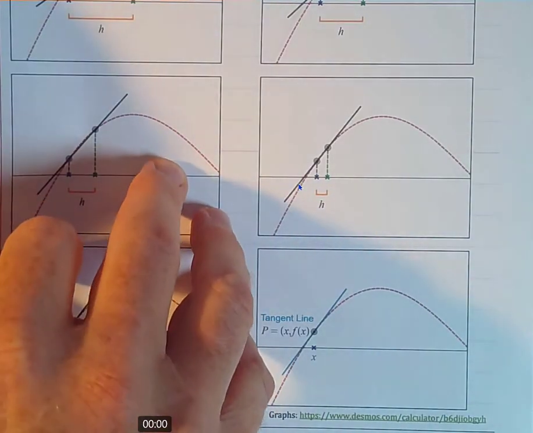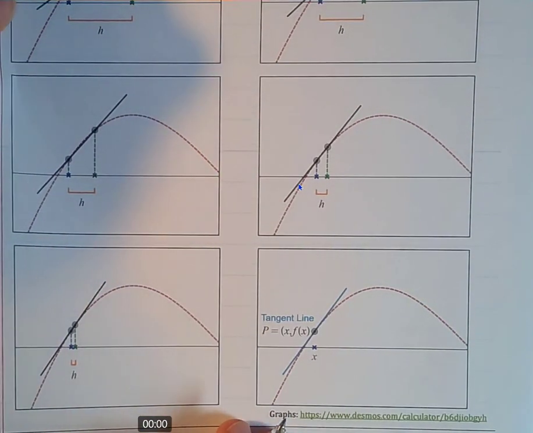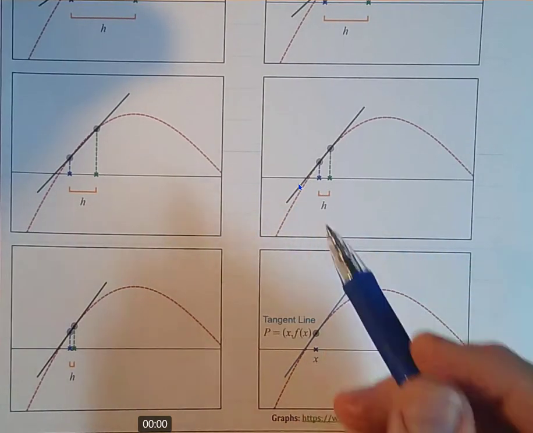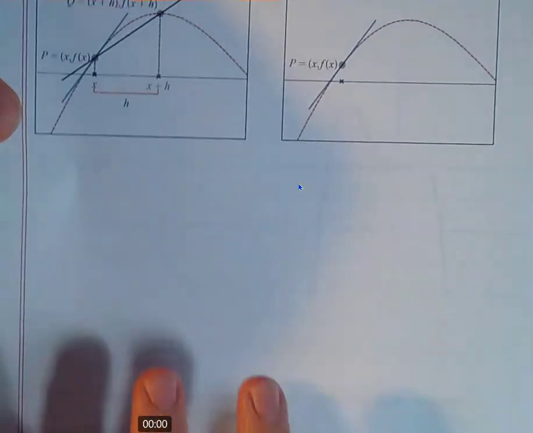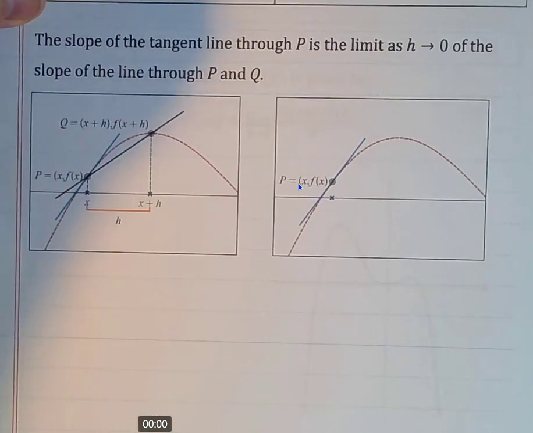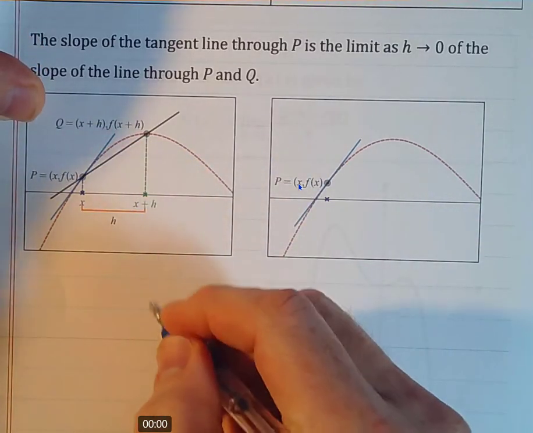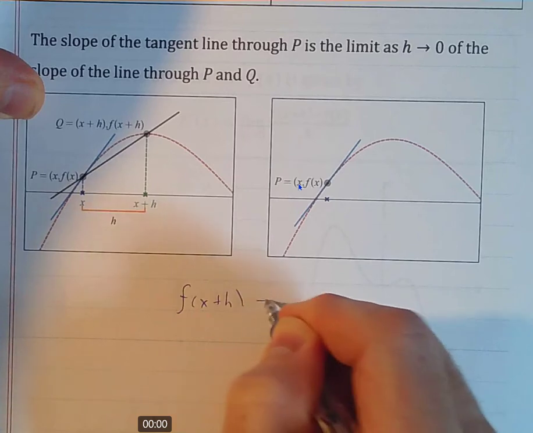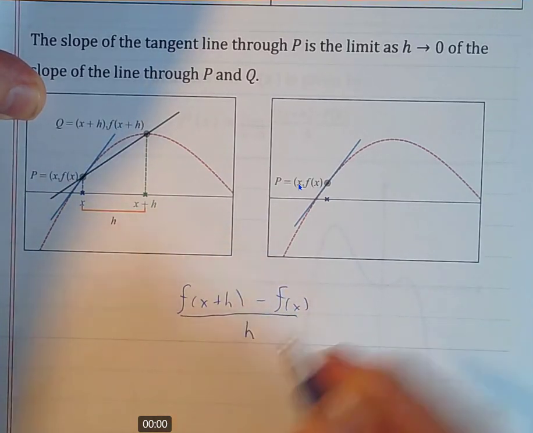Now remember, we have an idea for what we mean when we say h gets smaller and smaller. Remember, that's just saying h is heading towards 0. It's a limit as h approaches 0. So if we think about the slope of the line that's going through the 2 points, that's the secant line, which is f of x plus h minus f of x over h.